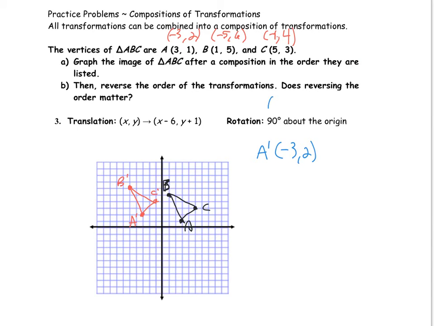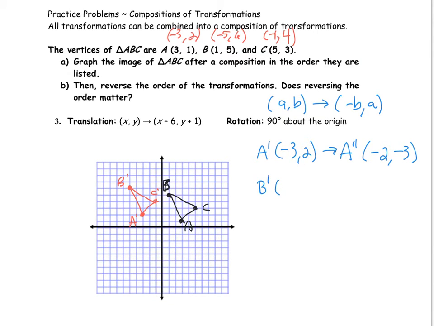If you remember, a 90-degree rotation means we take all the points A, B, and they are then written as negative B, A. So A prime to A double prime means we're going to take the B coordinate of 2, and it's now going to be negative 2. And then negative 3 for our Y value, right?